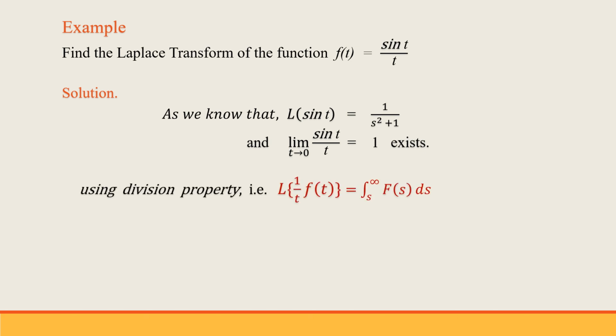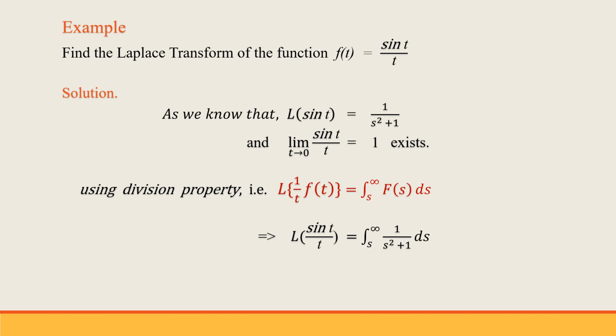So we can apply the division property, that is, Laplace transform of f(t) by t equals integral s to infinity F(s) ds. So the Laplace transform of sin t by t is equal to integral s to infinity 1 by s square plus 1 ds.